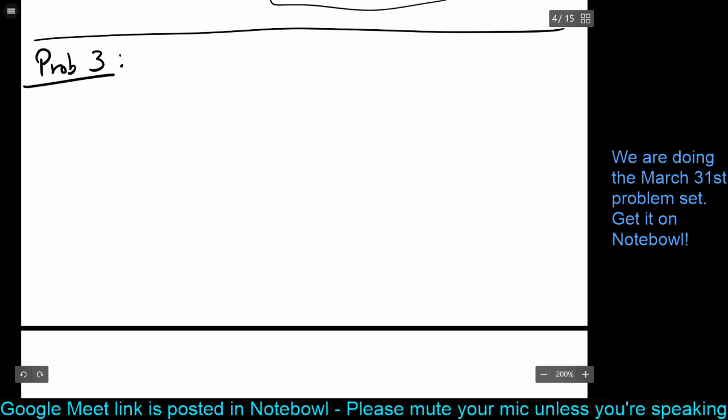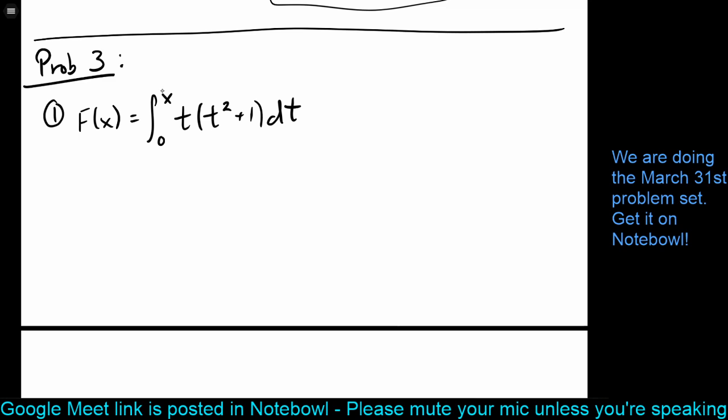Right. So in problem 3, we're just doing some derivatives, and this is using the first part of the fundamental theorem of calculus. So if I have f of x is the integral from 0 to x of t squared plus 1 dt, since we have just an x up here and a number down here, the number is irrelevant as long as it's a number.